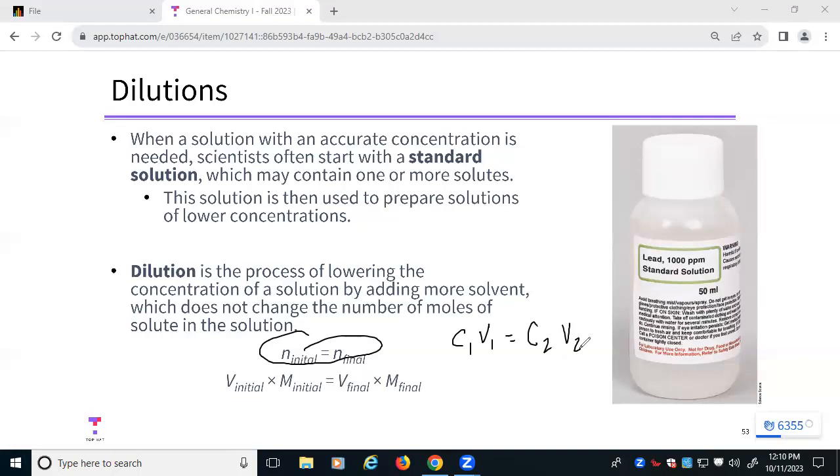And same thing for the volume. For the volumetric calculation, it doesn't matter if I have milliliters or liters or any other unit. So long as the two units are the same, ultimately they will cancel out in this calculation if we need them to cancel out.